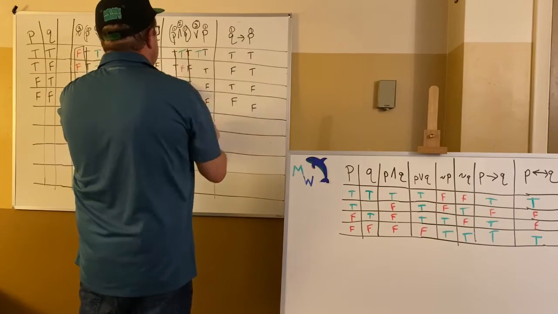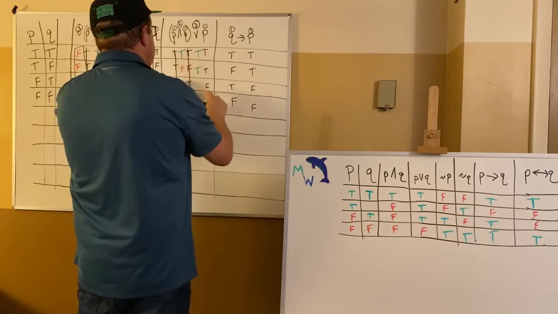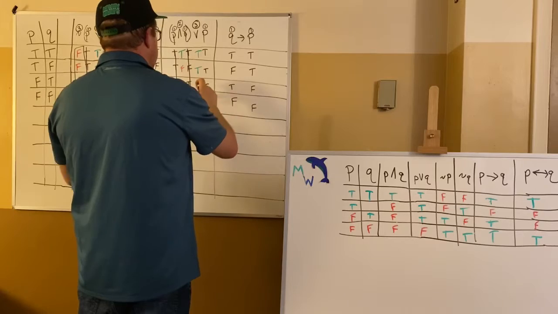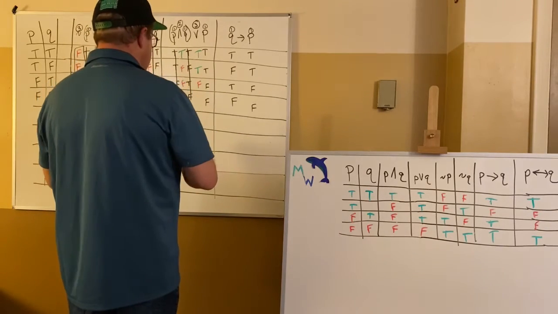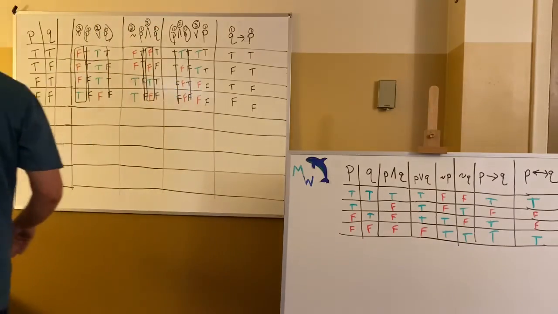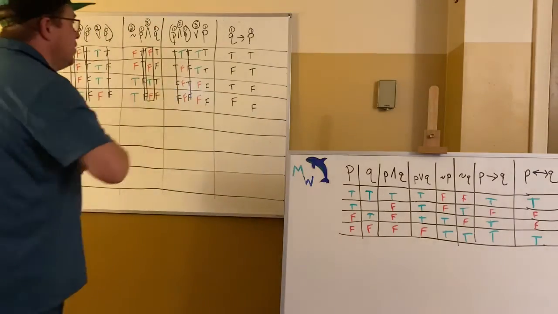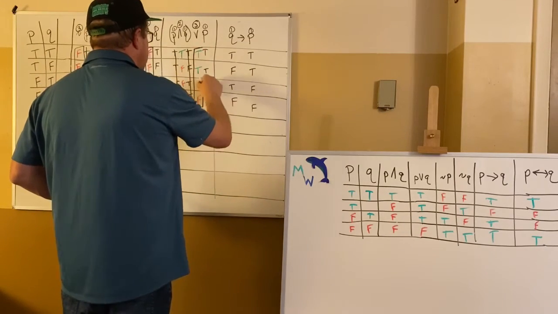Yes, overkill. An F as well as a T, even though the first was F, I did have at least one T. An F as well as another F, I don't have any T's there. An F as well as an F, I don't have any T's there. This one winds up with its final value here in the third column, T, T, F, F.